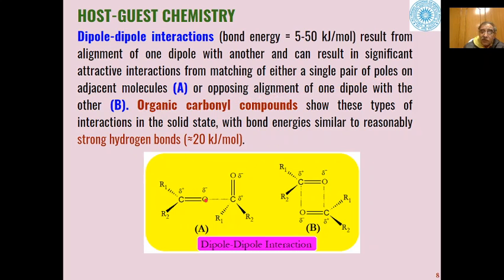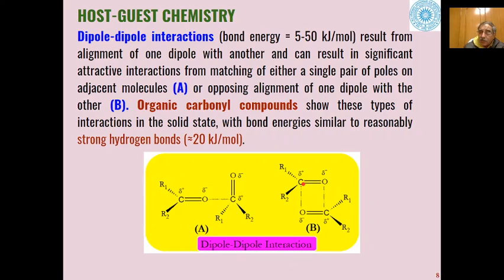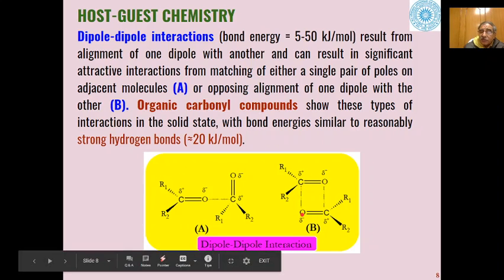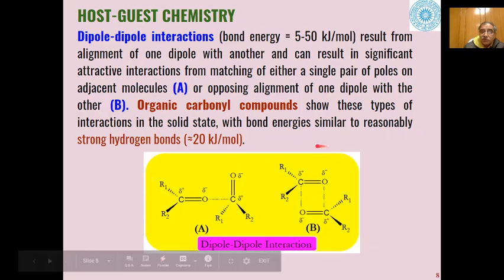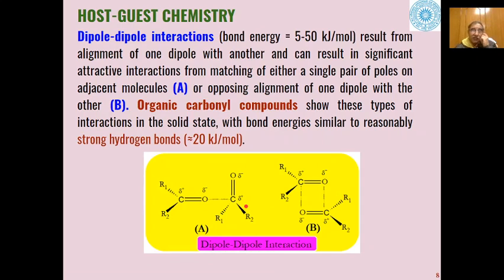So here one oxygen is interacting with one carbon, or they can align in an opposing alignment. So one carbon is interacting with oxygen of the other molecule, and carbon of this is interacting with the oxygen of this molecule. So there are two possibilities: either there are two pairs of poles which can interact, or one pair of poles on the dipole can interact.